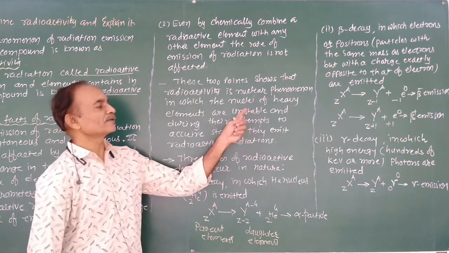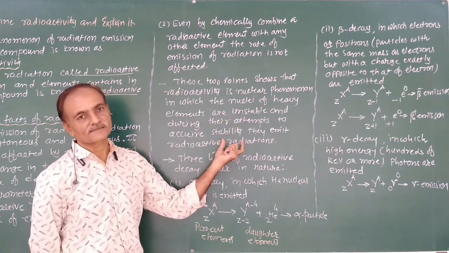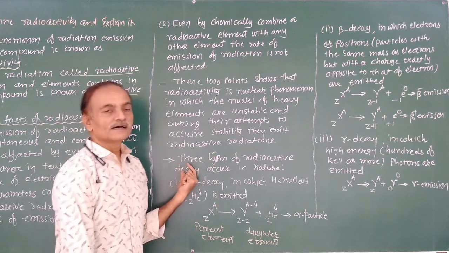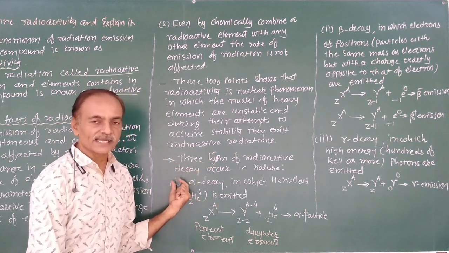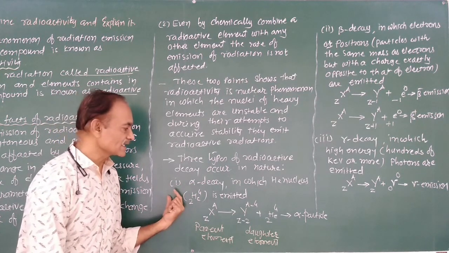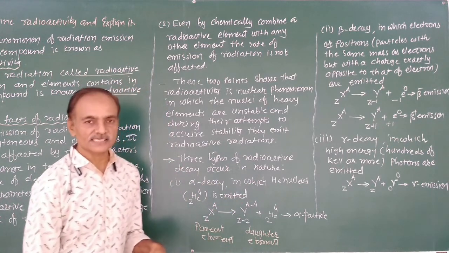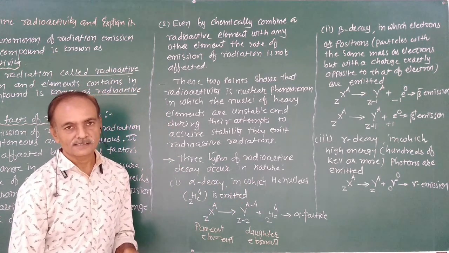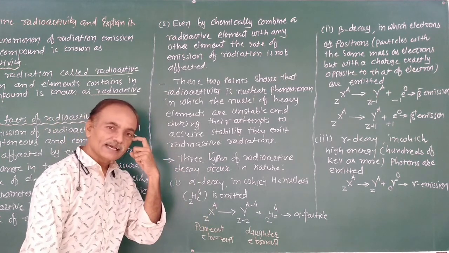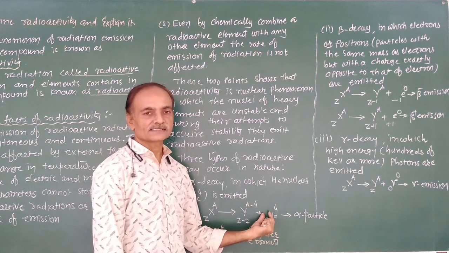Again, when the heavy nucleus is in an unstable state, trying to attain stability, it emits radioactive radiation and three types of radioactive decay take place in nature. First is the alpha decay. During the alpha decay, the helium nucleus 2He4 is emitted. For example, the element X(Z,A) decays by emitting alpha particles.